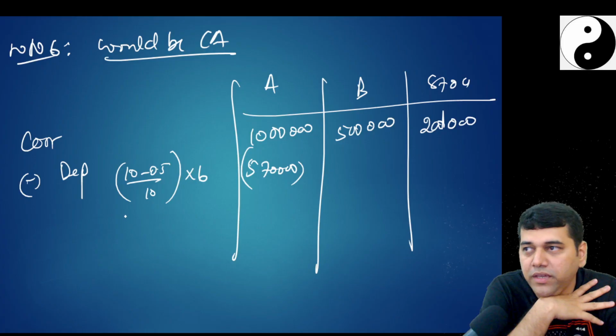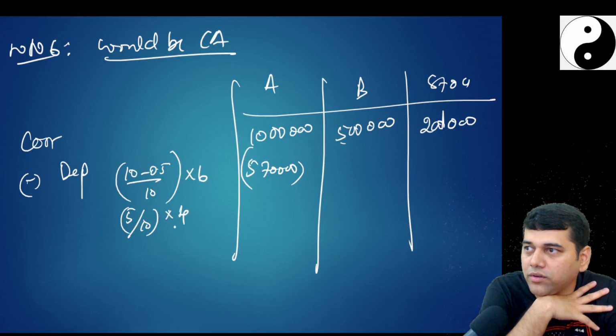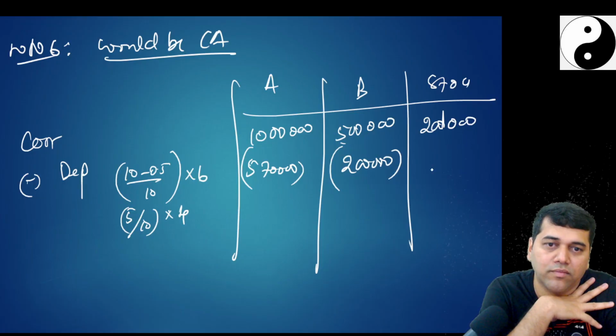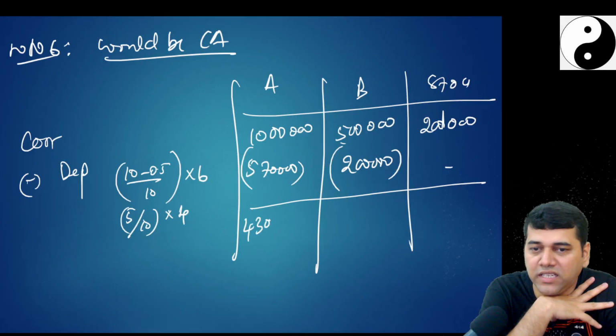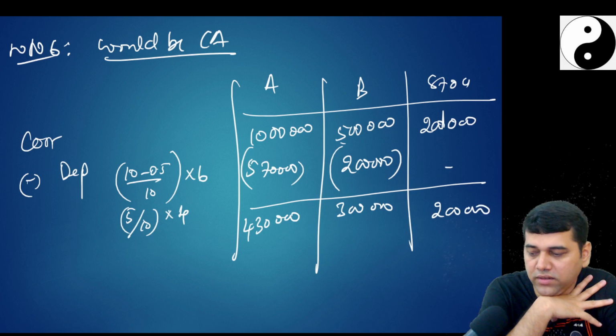How much is for B? 5 by 10 into 5 lakhs cost, 10 years is the life, no scrap value, into 4 years, because you purchased in 2013. So it is 2 lakhs. Stock nothing. So I have got 4 lakh 30, 3 lakh, 2 lakh.